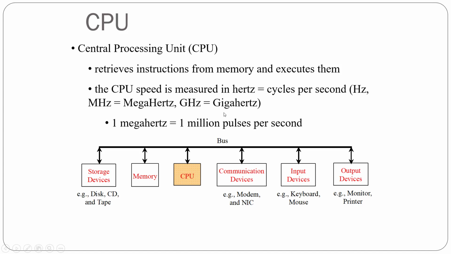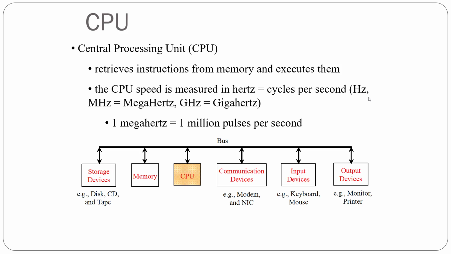But the fact is that the speed of the CPU would be measured in the unit of gigahertz, right? So why gigahertz? What is a hertz thing right here? So hertz, which is also written as HZ as an abbreviation, is a unit of frequency. So that means the number of cycles per second.